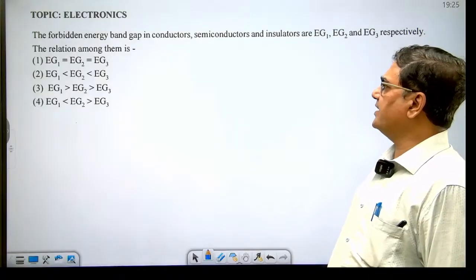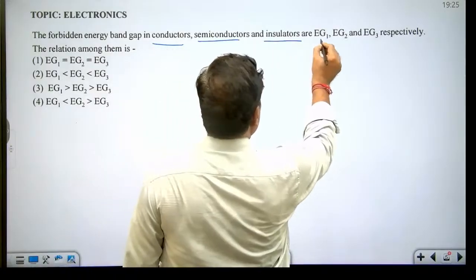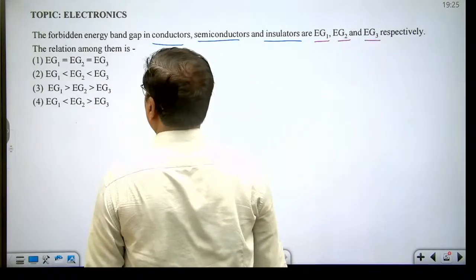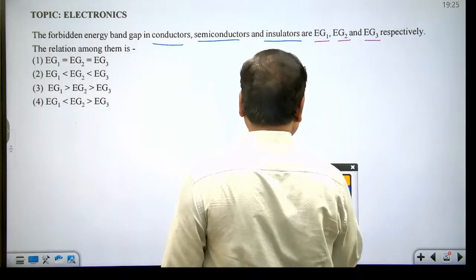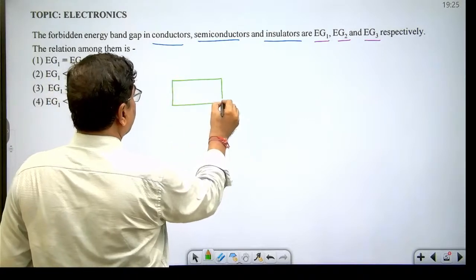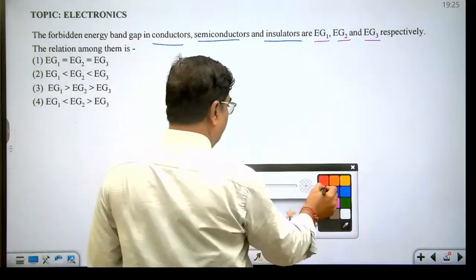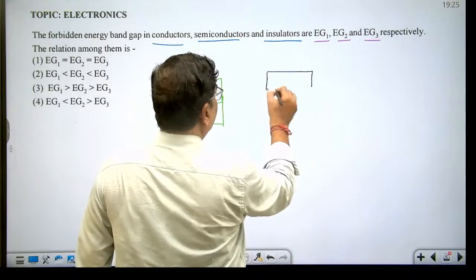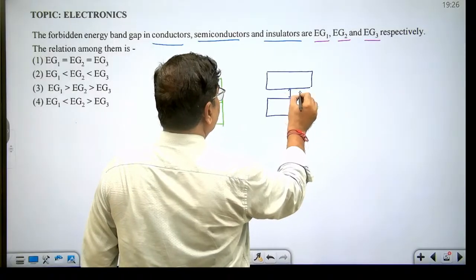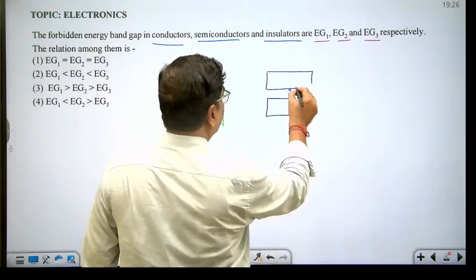The forbidden energy band gap in conductors, semiconductors and insulators are Eg1, Eg2 and Eg3 respectively. The relation among them is, we know that in case of conductors, the valency energy band and conduction energy band remain in overlap position, while in case of semiconductors, the conduction energy band and valency energy band remain at a separation of approximately 1 electron volt.